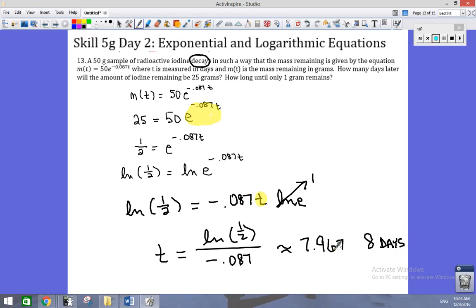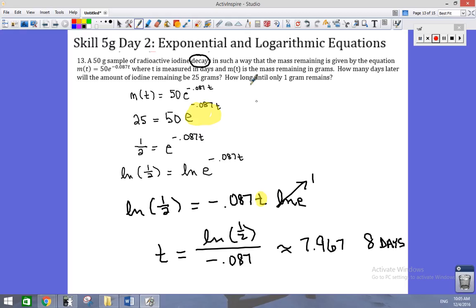The 7.967 is so close to 8 days that I'd say this 50-gram sample, 8 days later, will decay all the way down to a 25-gram sample. That's what they're asking us. That's what it wants to know.